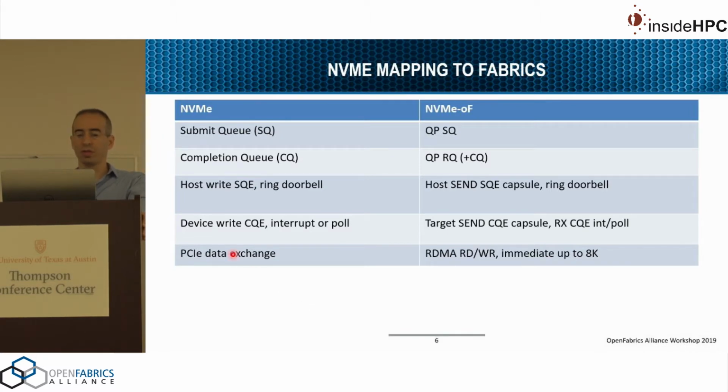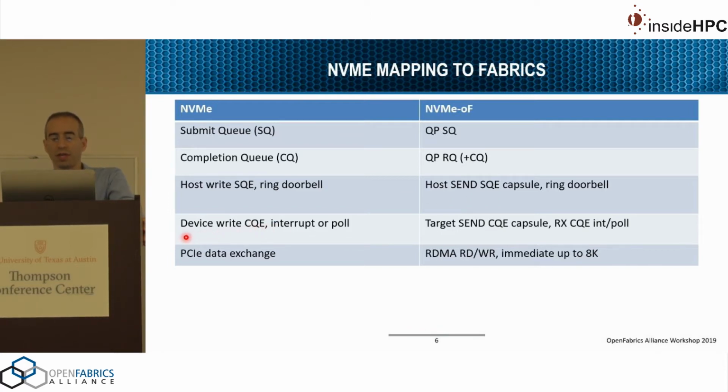Whenever a host would like to access the NVMe, it submits a submission queue entry, rings the doorbell. With NVMe Over Fabrics, the same submission queue entry is being encapsulated. It is called the capsule. And then also ringing the doorbell for sending that operation over the network.